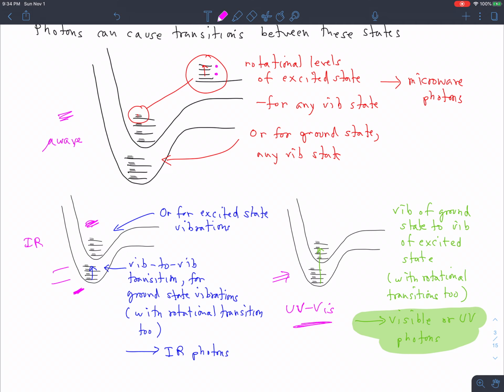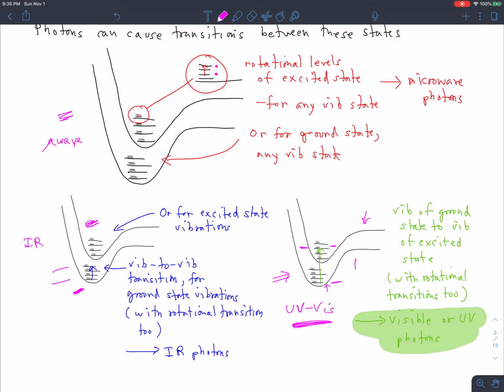We're going to be using the UV-vis part of the spectrum, and therefore we're going to be looking at transitions that always involve a jump between two different manifolds, but may also involve jumps between different vibrational levels. You'll notice that the green arrow there starts from the ground state vibrational level, but ends up in an excited state vibrational level on the electronic manifold.